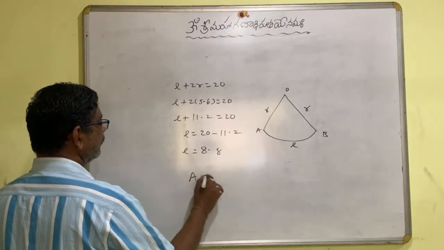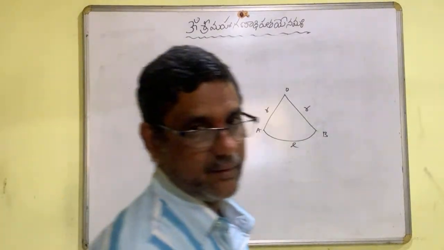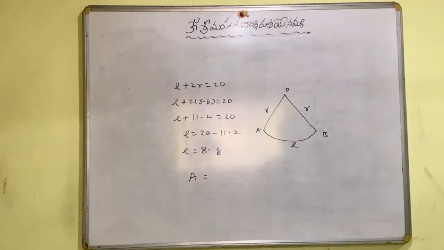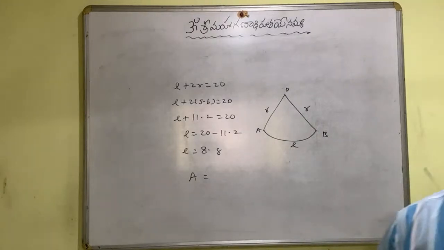Now, what is the area of the sector? Niharika? We got the length of the arc as 8.8.